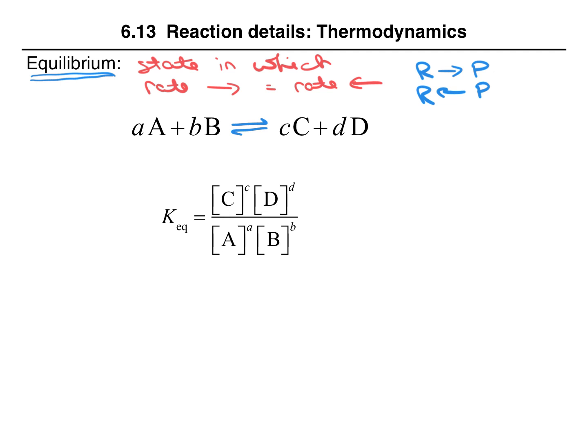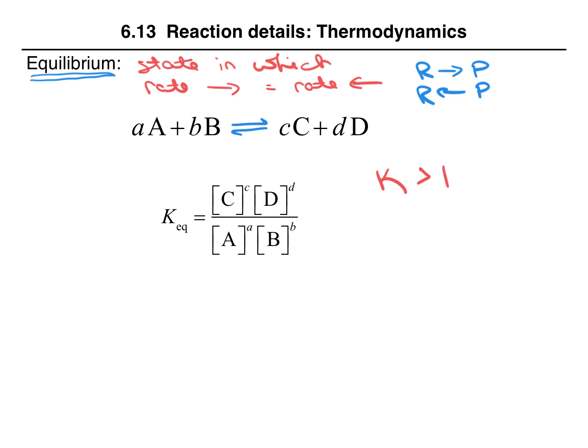Now, what does the equilibrium constant tell us about the position of equilibrium? Well, if, for example, the equilibrium constant K is much larger than 1, that means our numerator is bigger than our denominator, which means we have more products than reactants.